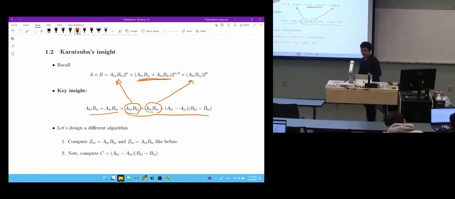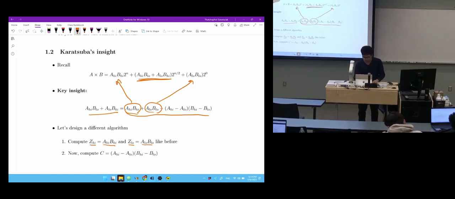And that basically suggests a different algorithm. With this insight, the algorithm is: first, let's say you compute z high, which is a high times b high, and z low, which is a low times b low.